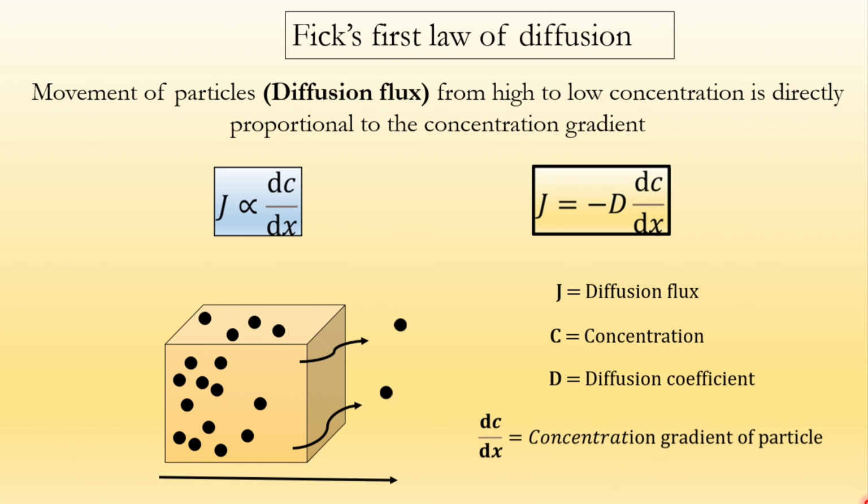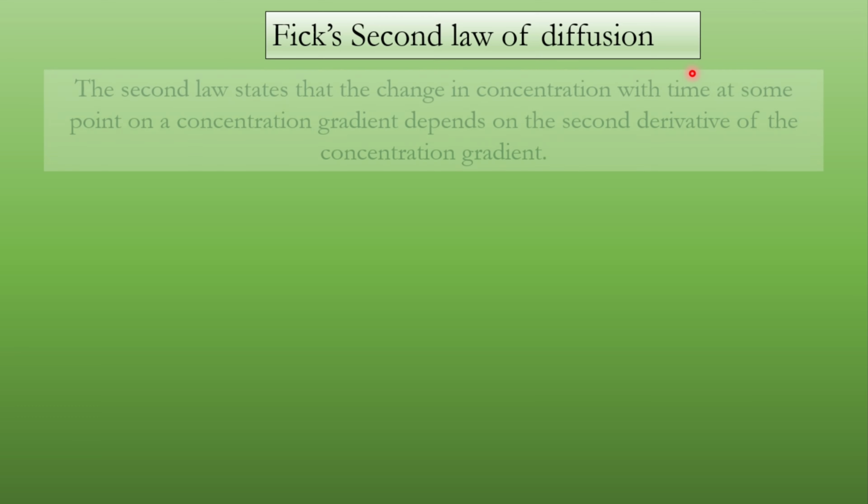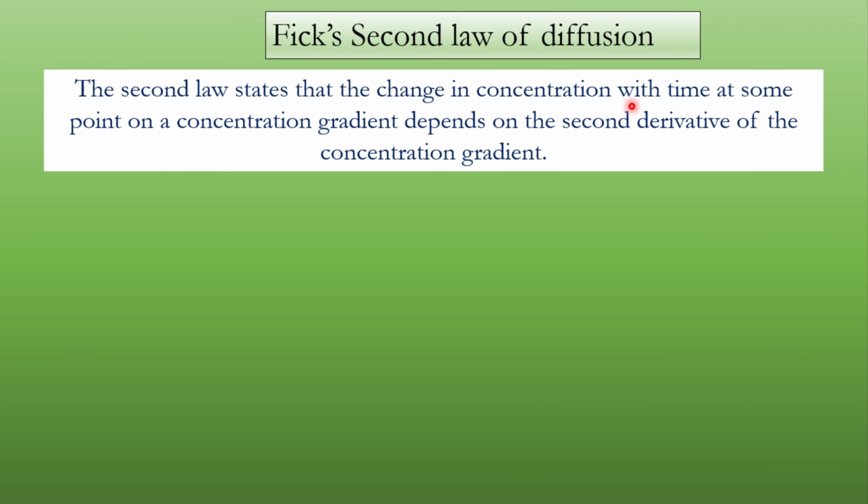the particle. Fick's second law is applicable to non-steady state diffusion. It states that the change in concentration with time at some point on a concentration gradient depends on the second derivative of the concentration gradient.